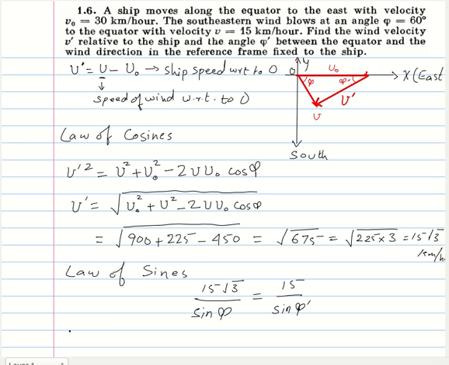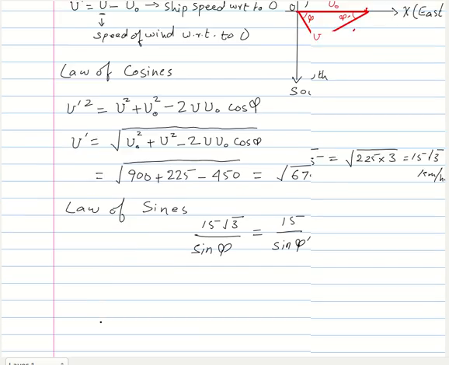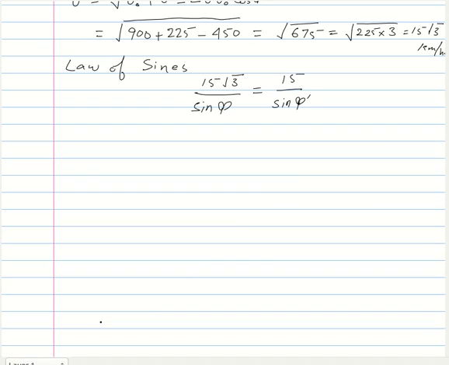Now this implies that sine phi dash is equal to 15 sine phi divided by 15 times root 3.